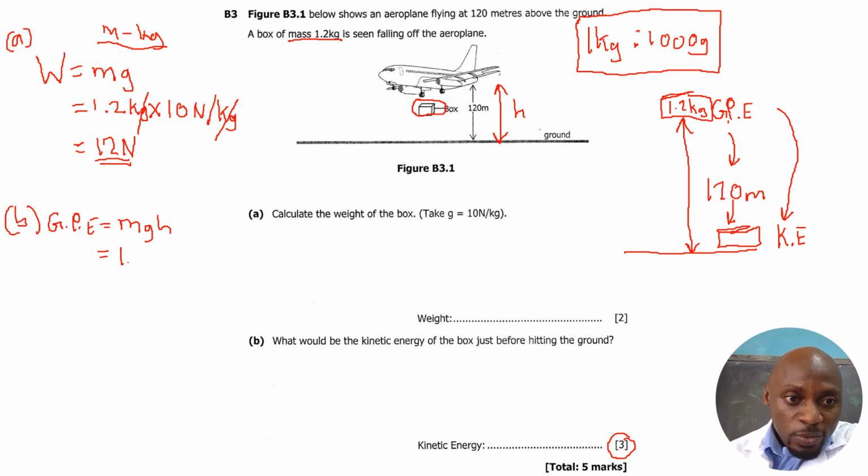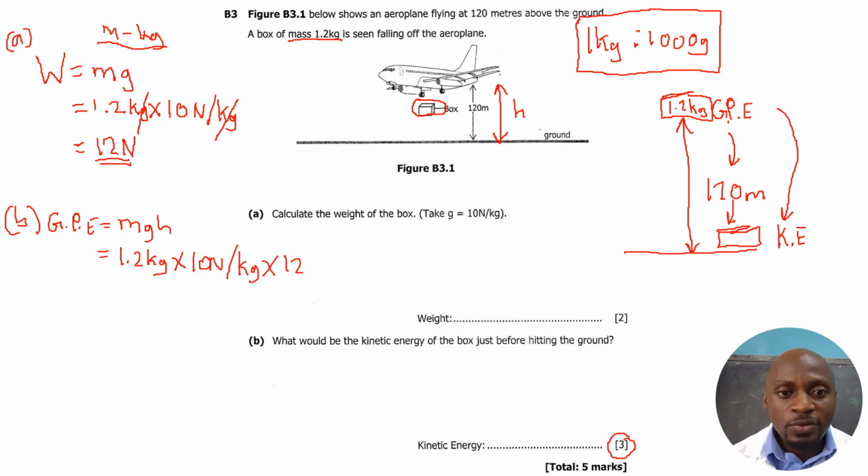Our mass was 1.2 kg, and the strength of gravity we're told to use is 10 newton per kg. We multiply that by the height, which is 120 meters.